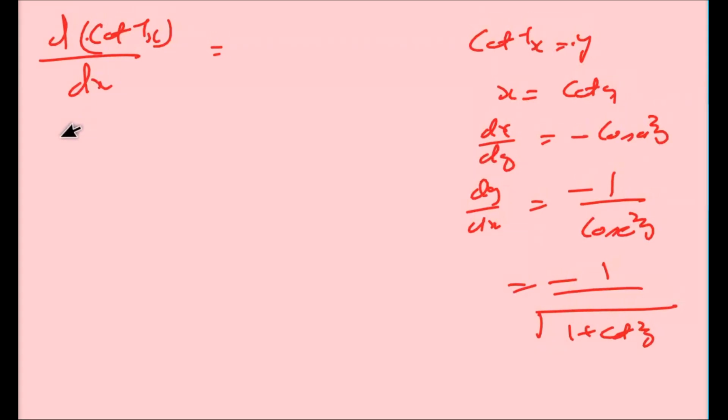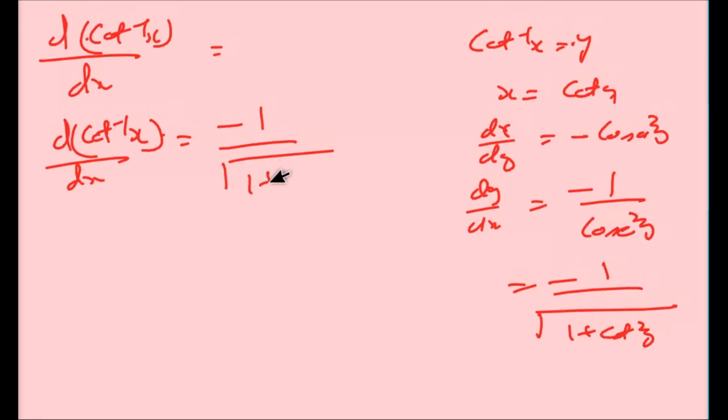So we can say the differential of cot inverse x equal to minus 1 upon 1 plus x square.